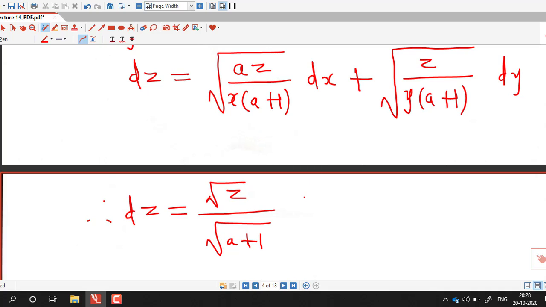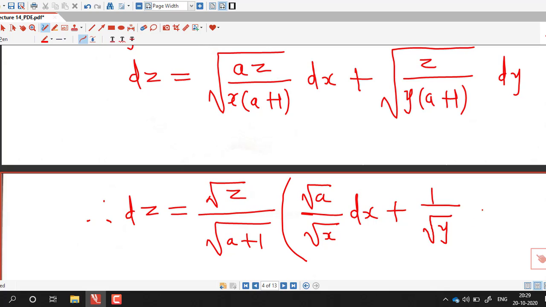We are left with under root a upon under root x dx, plus 1 divided by under root y dy.